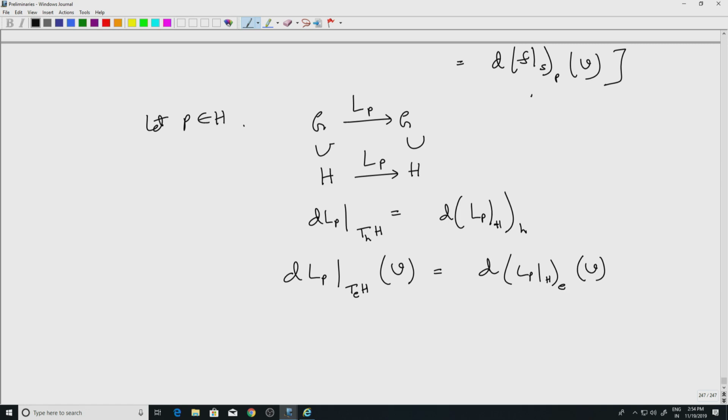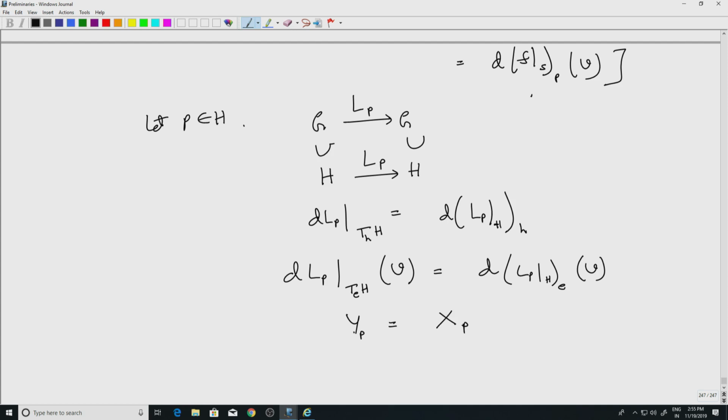Now this thing here is just the restriction of Y. So this is Y_P, and this is just Y_P on the left hand side, and the right hand side is just X_P.